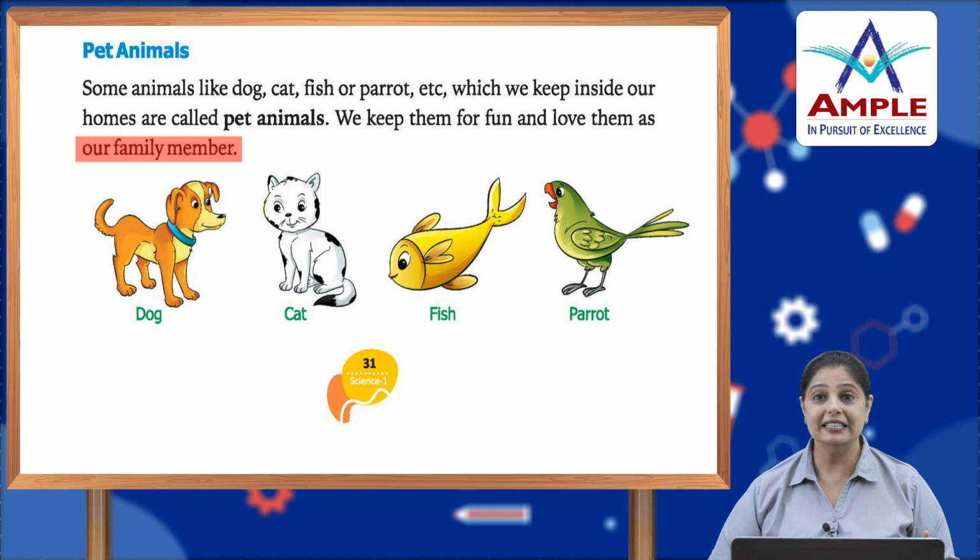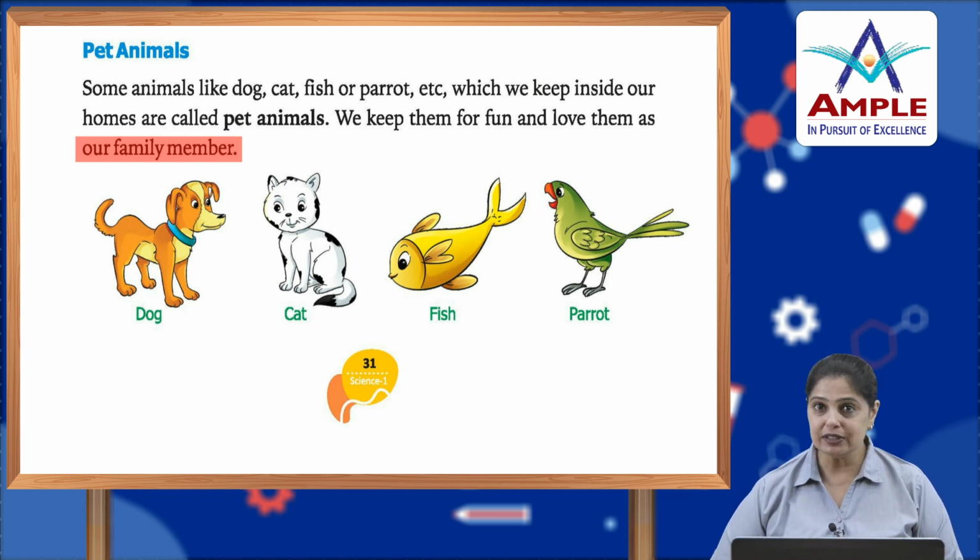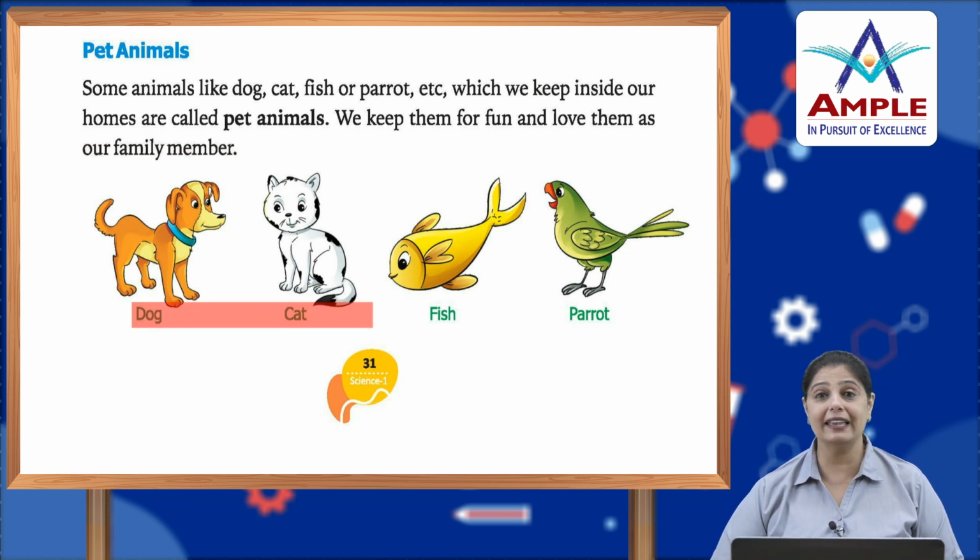Isn't it fun? So there are certain animals which we keep in our house for fun and we take good care of them. We give them food to eat, we pamper them. For dogs, we take them for a walk as well. So dog, cat, fish, parrot, these are different types of pet animals that we have.